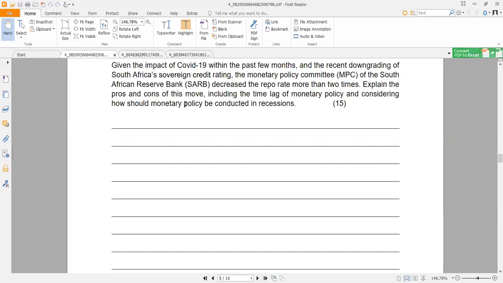It will be less foreign investment due to lower interest rate. Explain. Due to lower interest rate, it is less attractive for foreign investment to invest with us.